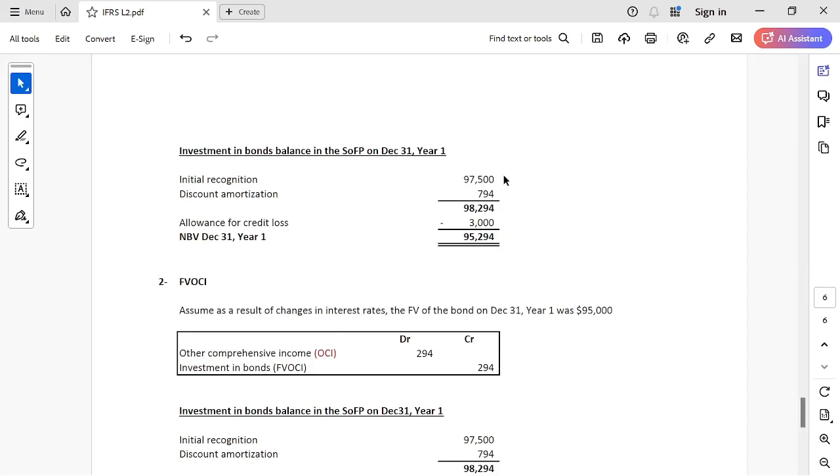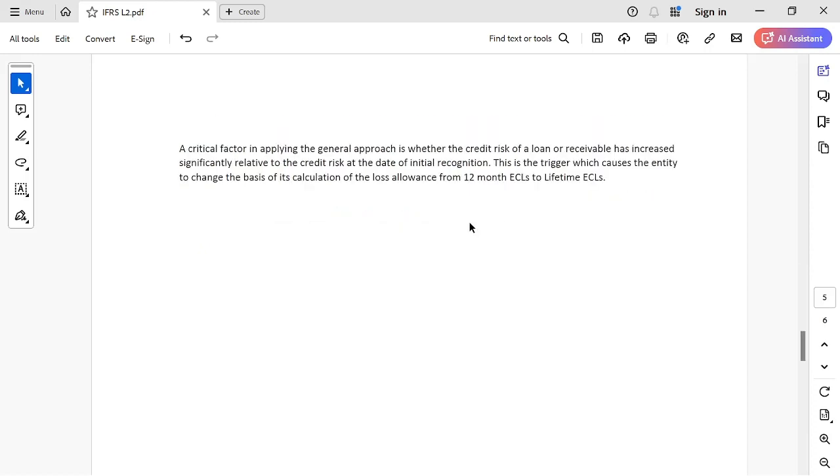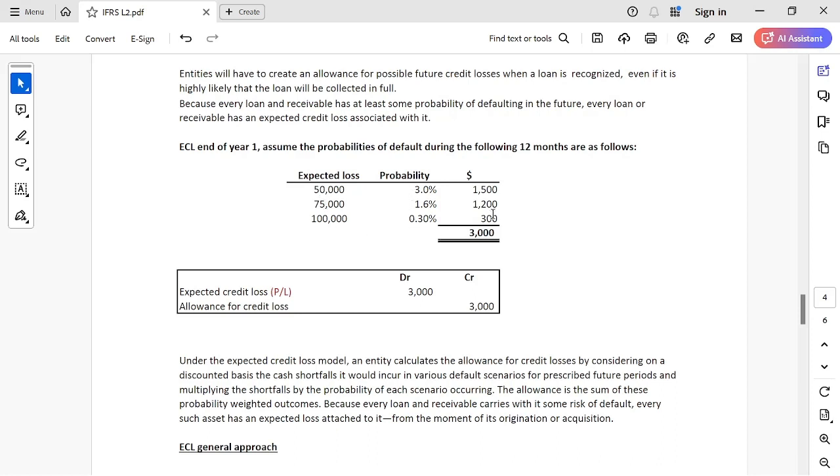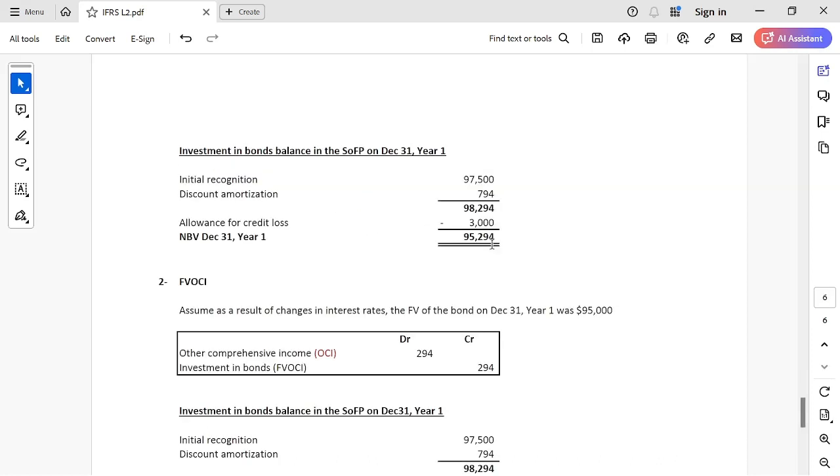So initial recognition, then we have a discount amortization, increasing it to 98,294. We had to calculate an allowance for credit losses, 3,000, and we saw how this 3,000 was calculated. Here it is: the scenarios, probabilities, getting a sum. So this is how we got the 3,000, and that's the net book value. That's going to go to the statement of financial position, the balance sheet, 95,294. So this is how it is done according to the amortized cost.